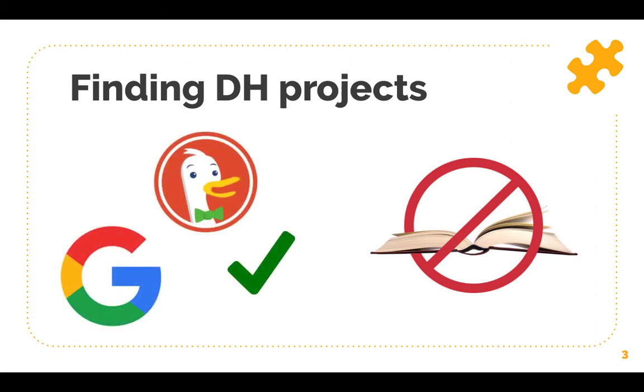As such, searching on the web, so using Google or an equivalent search engine, is typically one of the best ways to find DH projects. So looking for these types of projects, often simply Googling, which you do in your day-to-day life, is a really good way to go about finding them.